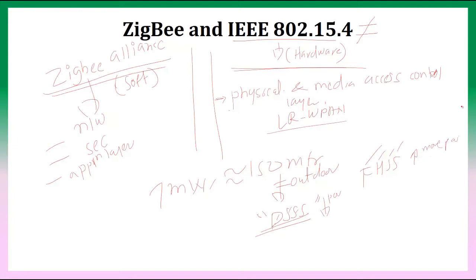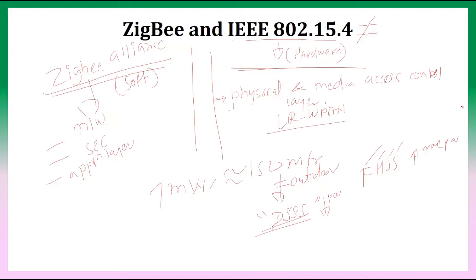It works at 868 megahertz in Europe, 915 megahertz in North America and Australia, and 2.4 gigahertz available worldwide. That is the ISM band, with data rates of 20, 40 and 250 kbps respectively.